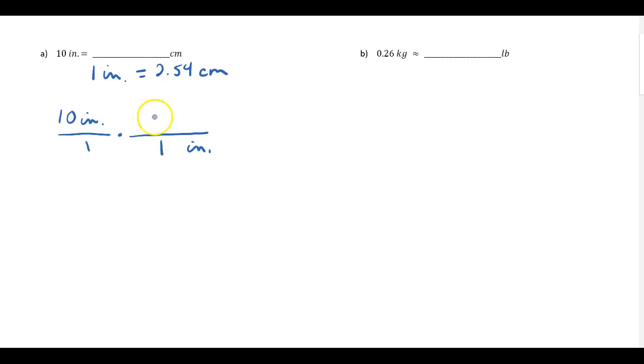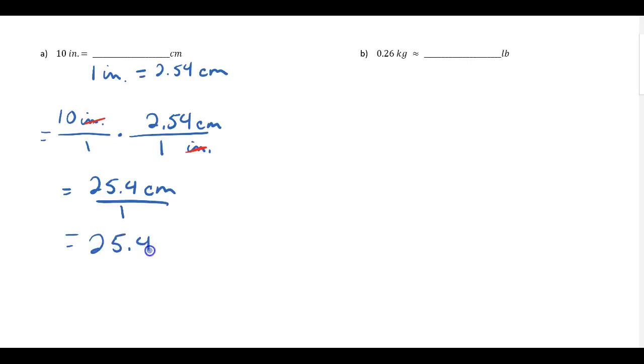So 1 inch is 2.54 centimeters. This way I can cross out my inches, and I'm going to multiply 10 times 2.54, leaving me with 25.4 centimeters over just a 1, which means 25.4 centimeters. So 10 inches is the same thing as 25.4 centimeters.